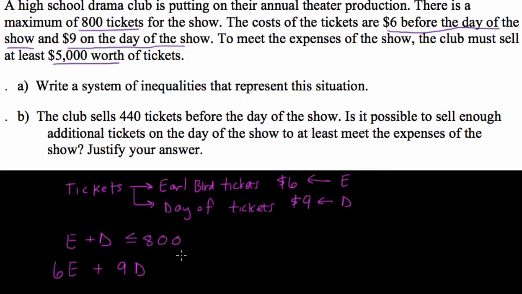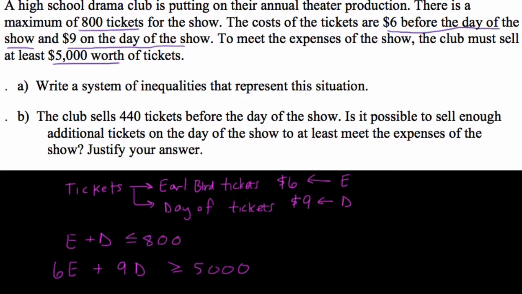So the total sum of the money we make has to be greater than or equal to $5,000 in order for us to make a profit. Meeting the expenses would be equaling 5,000. Greater than that would be profit, but you don't get less than 5,000 because then you lose money. Perhaps the show can't stay open. So this is our system of inequalities.